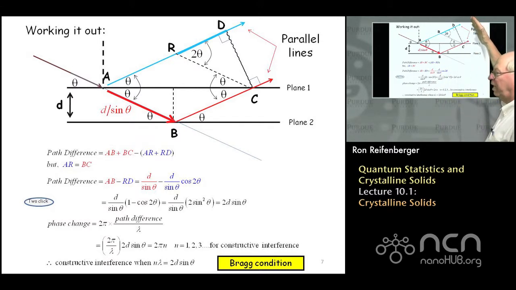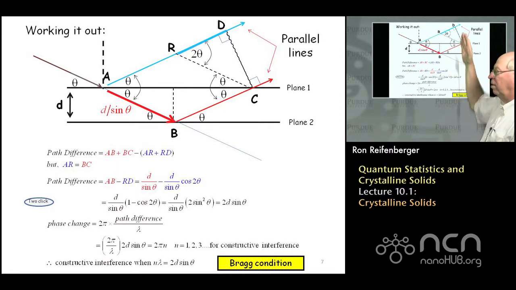You imagine that the red line and the blue line emerge parallel to each other and eventually strike a distant screen. And the question is then going to become, what's the difference in path length between the blue line, which is indicated by A, R, and D, and the red line, which is indicated by A, B, and C?